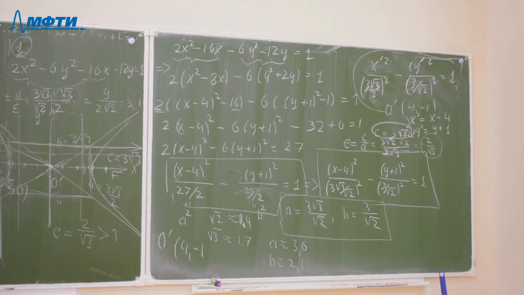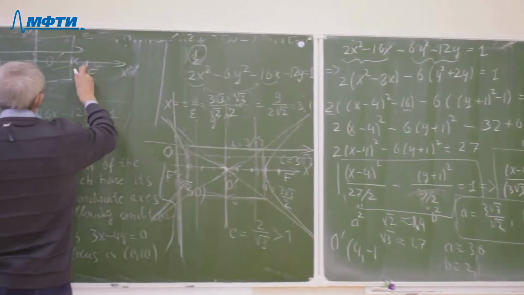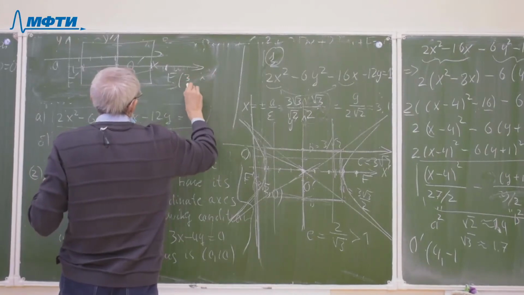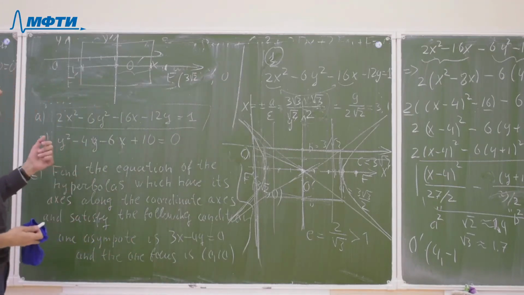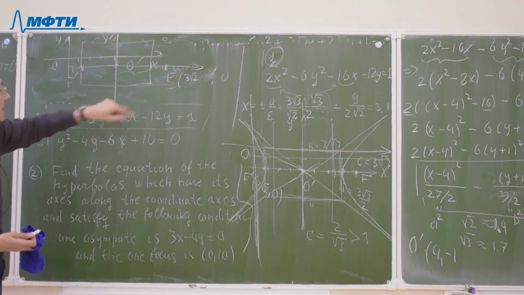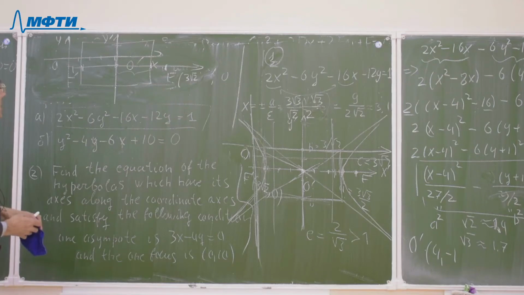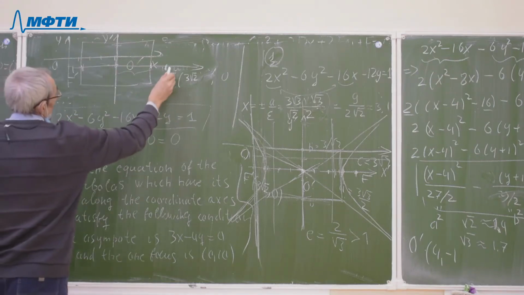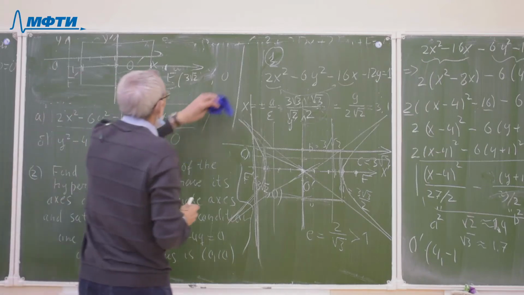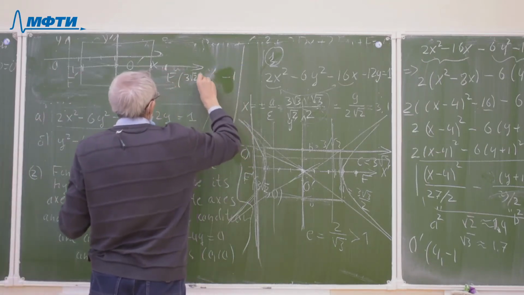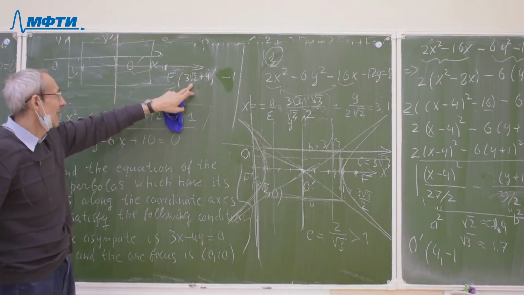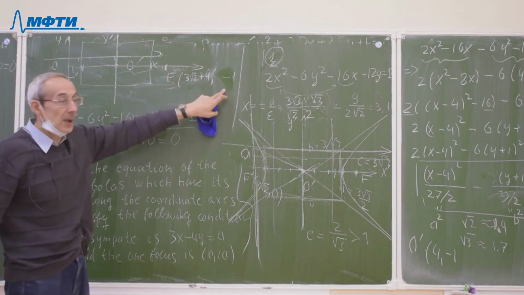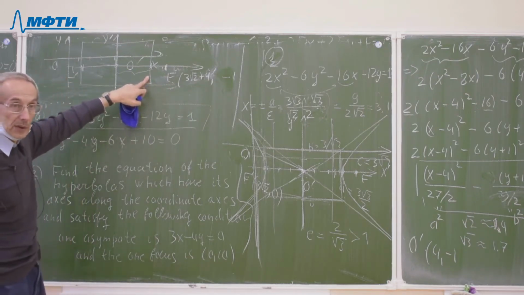3 times root 2, but in the old coordinate system, the coordinates of the foci are 3 times root 2, 0, but I must add the coordinates of O prime to these and obtain the coordinates of the foci in the old coordinate system: minus 1, 3 root 2 plus 4, minus 1.